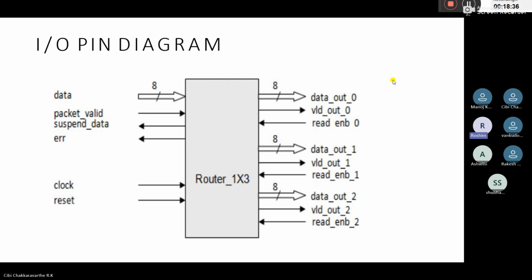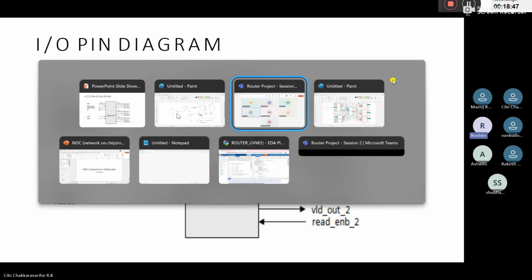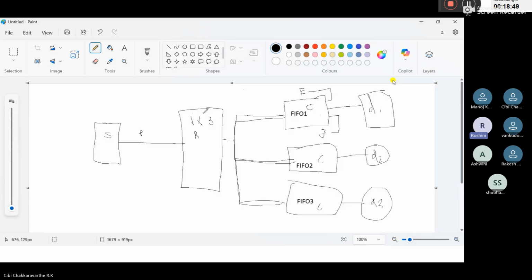So my doubt is, you explained the concept of FIFO now, right? Let's say the source is trying to send a packet and the router is sending it to destination one. If the destination is processing some other data packet, we can store it in the FIFO, right?